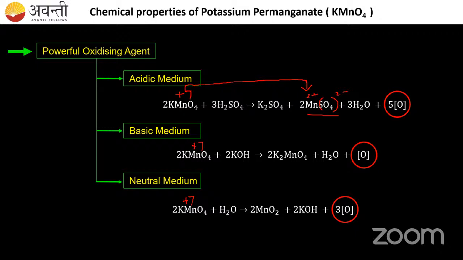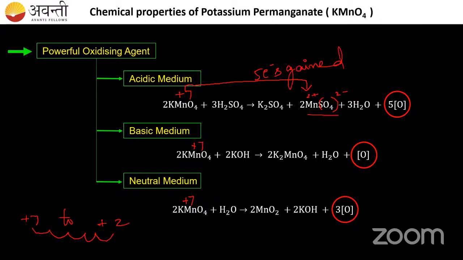If something is going from +7 to +2, what is the meaning? +7 to +6, +6 to +5, +5 to +4, +4 to +3, and +3 to +2. So how many electrons are gained by manganese? 5 electrons are gained by manganese in acidic medium.